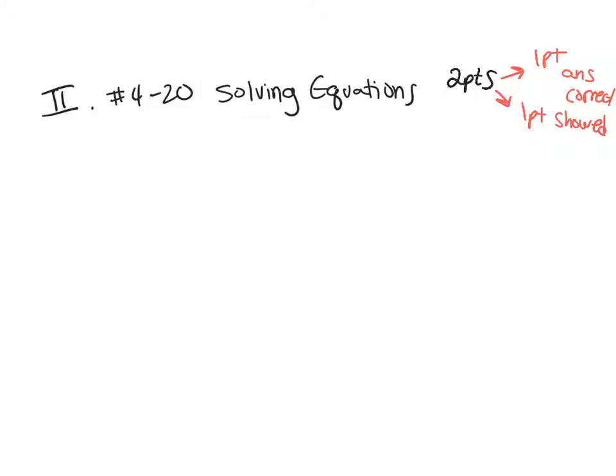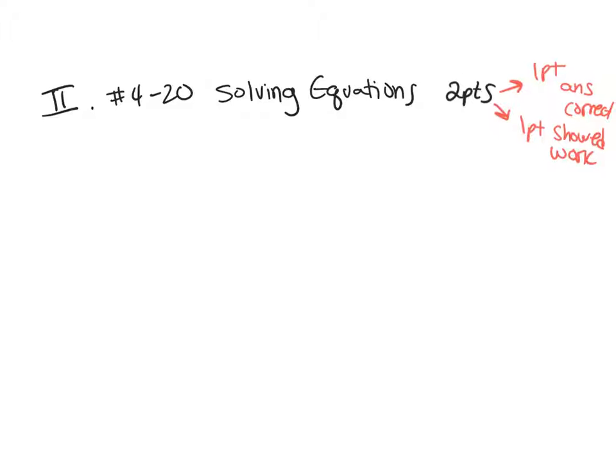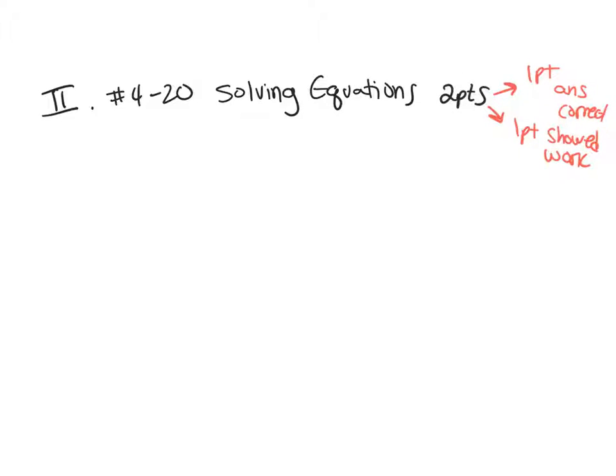So if you showed your work and you did not get it correct because you made one silly mistake, at least you get half of the points. But if you get the right answer and you don't show your work, you only get 1 out of the 2 points. Let me give you some examples and how I expect you to be able to do this.